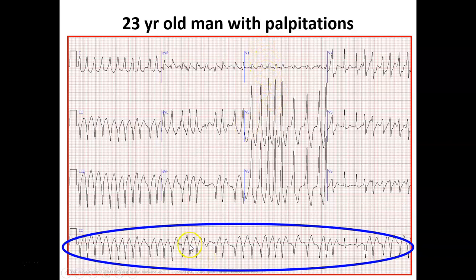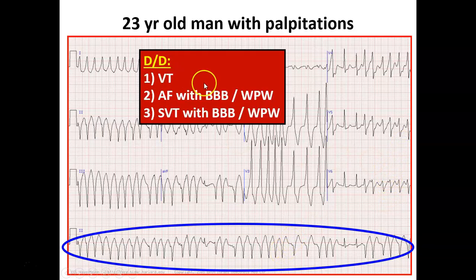So this may be atrial fibrillation with the right bundle branch block, or maybe this is SVT with right bundle branch block. On the other hand, this may be a monomorphic ventricular tachycardia, as the shapes are the same and in between these may be capture beats, or maybe this is polymorphic ventricular tachycardia. So you have multiple differential diagnoses for this one.